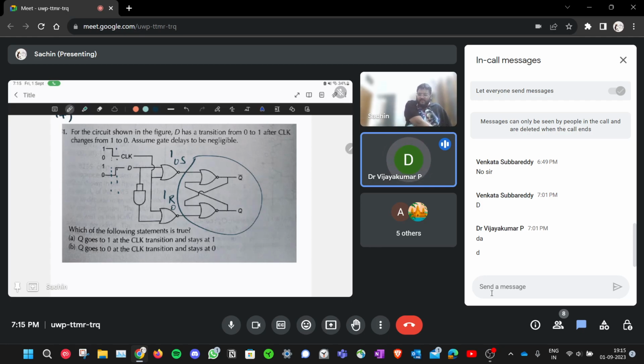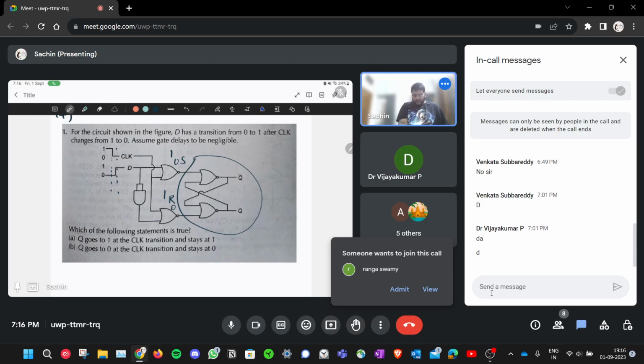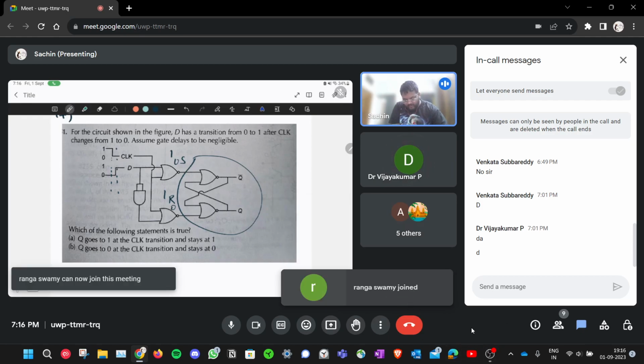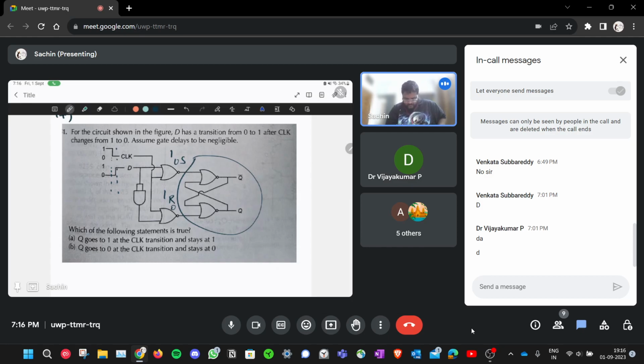No, they're saying delays are negligible, right? Yeah, gate delays are negligible. The input itself is, yeah, but this leads to an invalid input to this, right? So when you get an invalid input, then S and R both are 1 1. This middle portion where both clock and D are low.